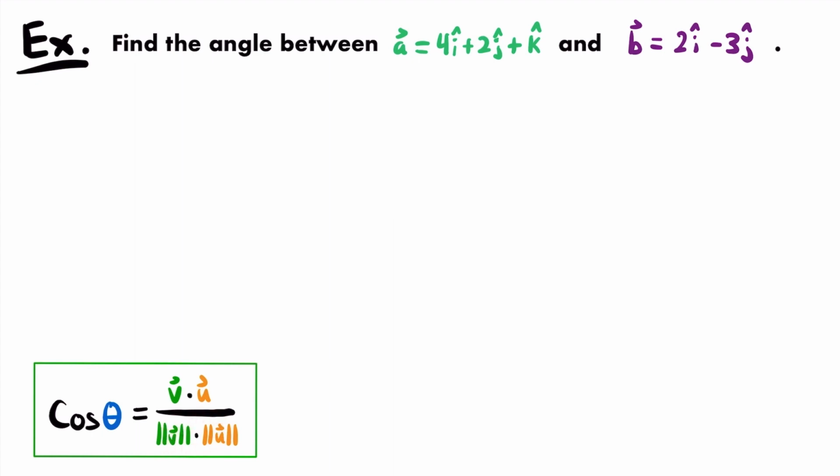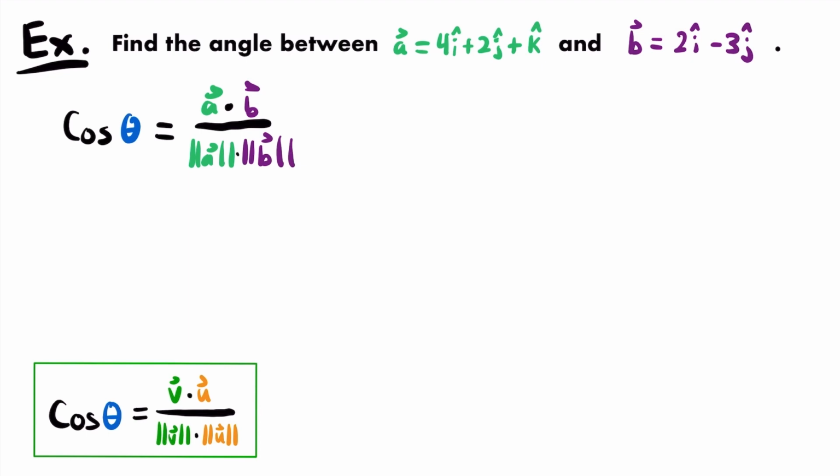All right, so in this case, we're not working with vector v and vector u, we're working with vector A and vector B. So the way we're going to set up our equation in this example will be like this. We'll have cosine theta is equal to the dot product of vector A and vector B divided by the magnitude of vector A times the magnitude of vector B.